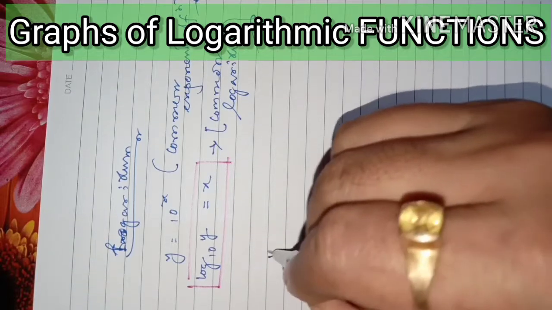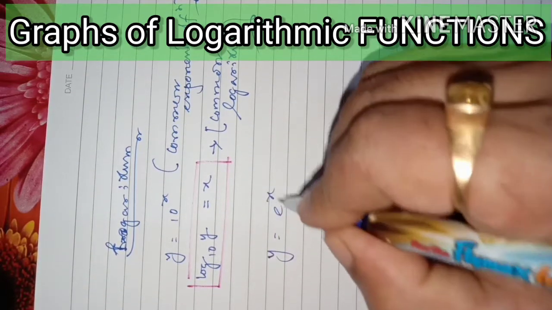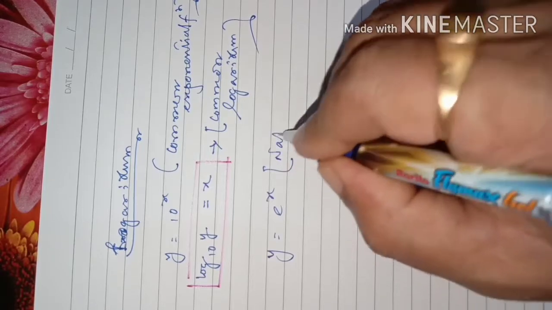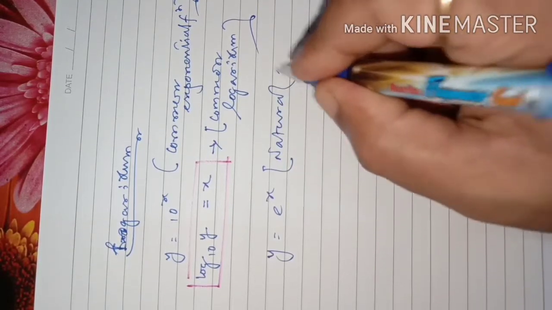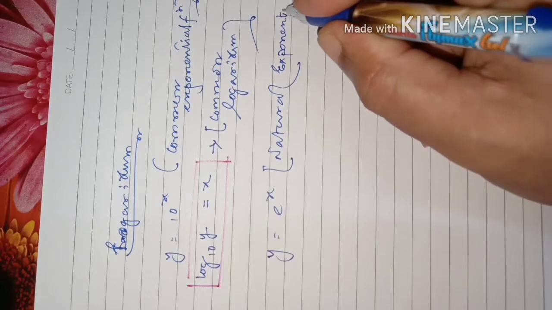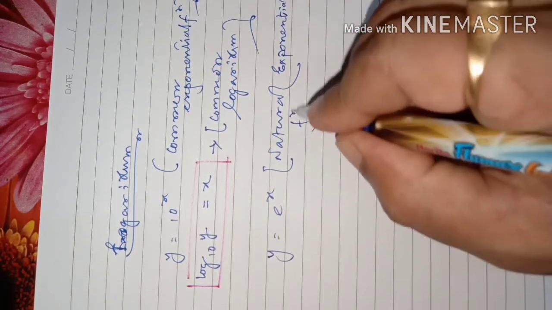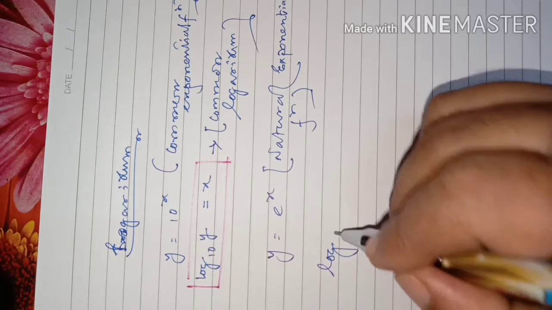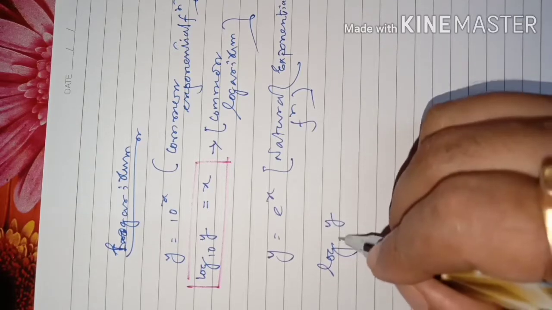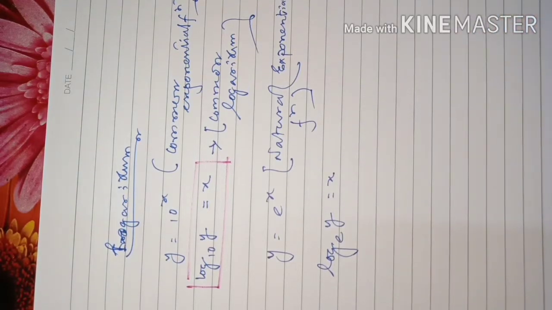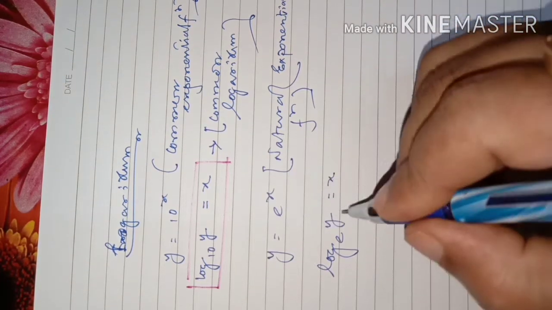Suppose one function is there, y equal to e to the power of x, an exponential function. It is called the natural exponential function, where the base is e. So if from this we make a function, log of y to the base e is equal to x, then we call it the natural logarithmic function.